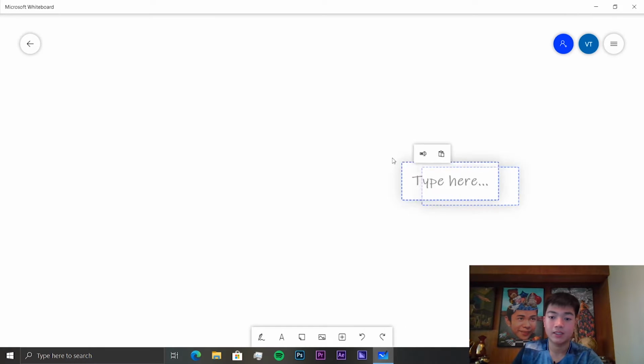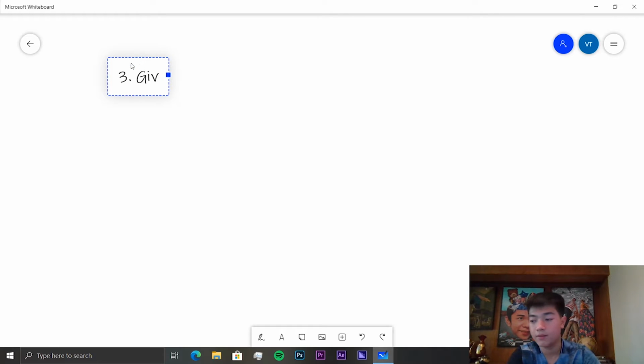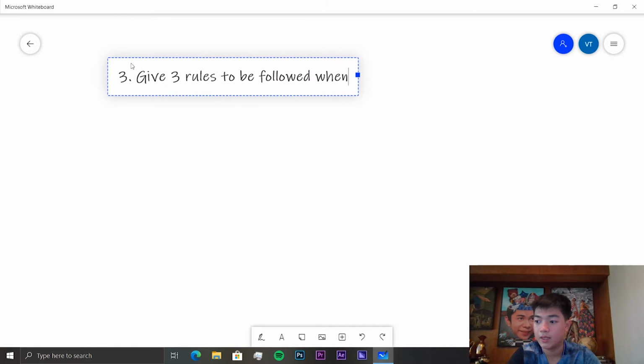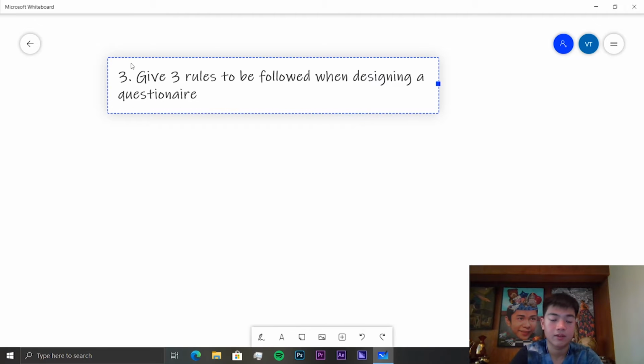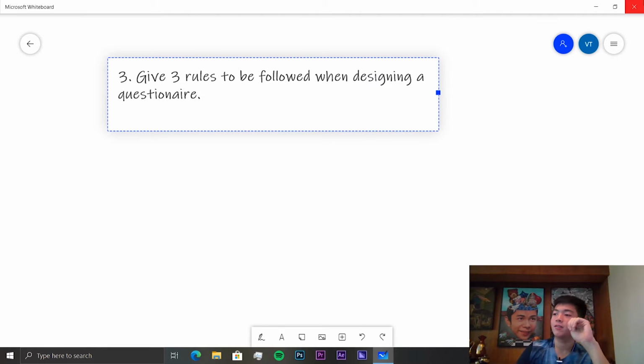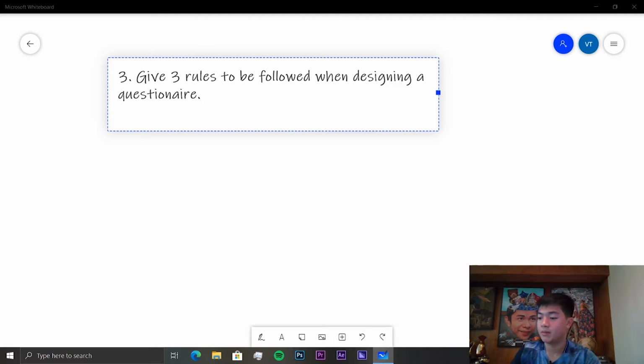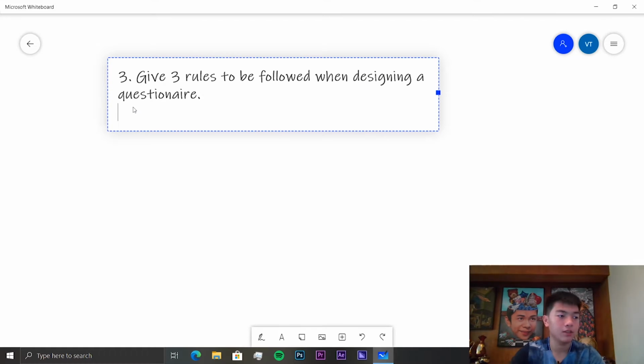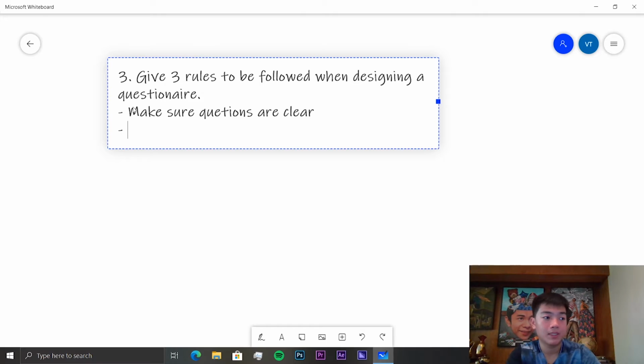Next question is number 3. Give 3 rules to be followed when designing a questionnaire. Obviously, we need to make sure the questions are clear, so that our respondents can understand them.